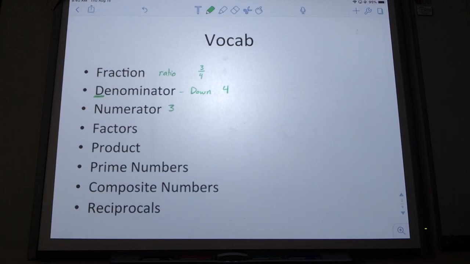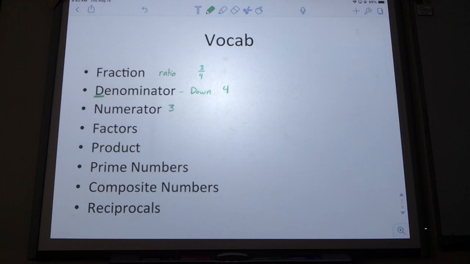Okay, what is a factor? Anybody know what the factors of something are? Okay, let's put actual numbers to it. What are the factors of 10? Anybody know what that is? 5? Uh-huh. There's 2 more. 10 and 1. Okay, so factors are just things that multiply to get something.